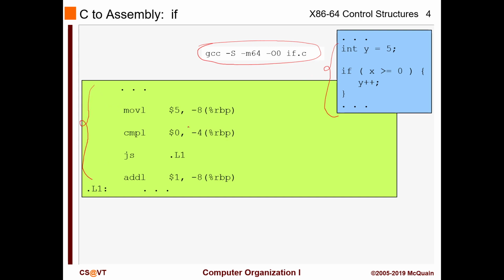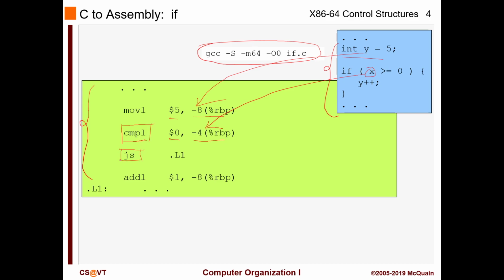First we are putting 5 in a variable, which is this line. Then we are doing a comparison between 0 and another variable, which is x. So we can map that this is y and x is here, and we are doing a comparison, CMP.